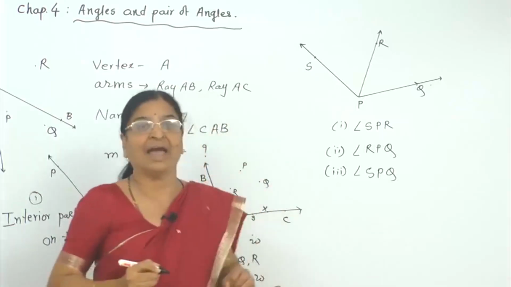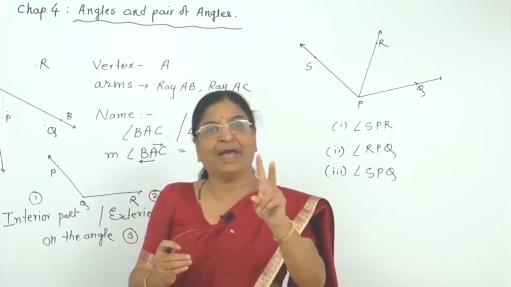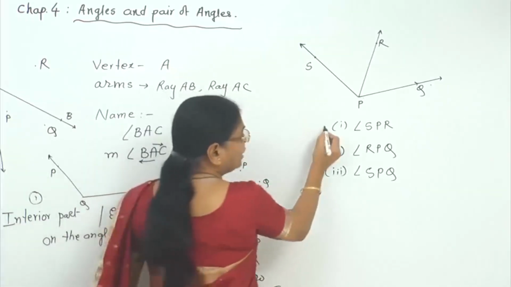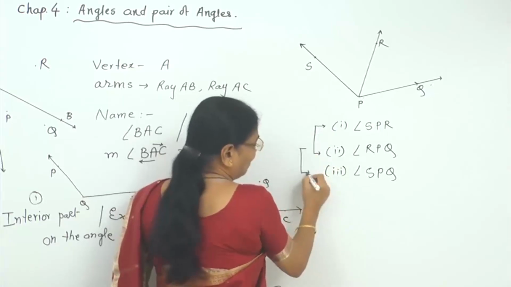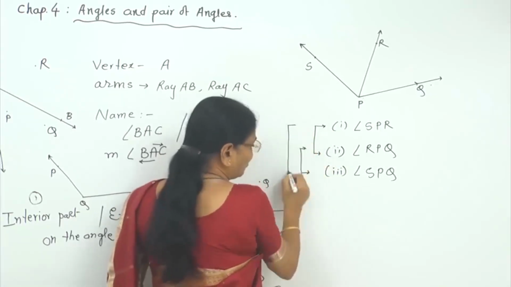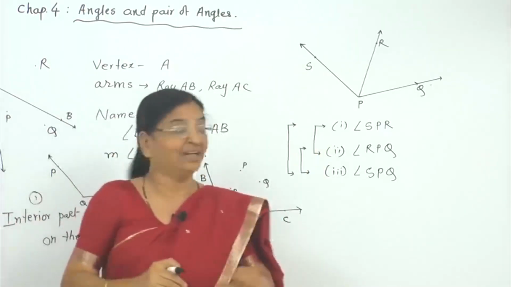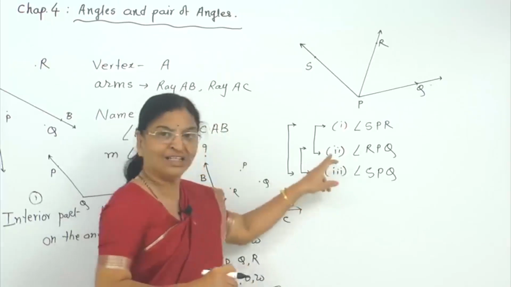See, these 3 angles are formed. Out of these 3, I can make a pair of 2 angles. Which pairs can we make? Either these 2 make a pair, or these 2 will make a pair, or these 2 will make a pair. Okay? There are 3 types of pairs: first and second, first and third, or second and third.